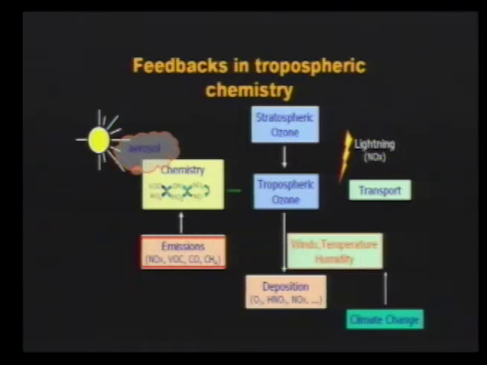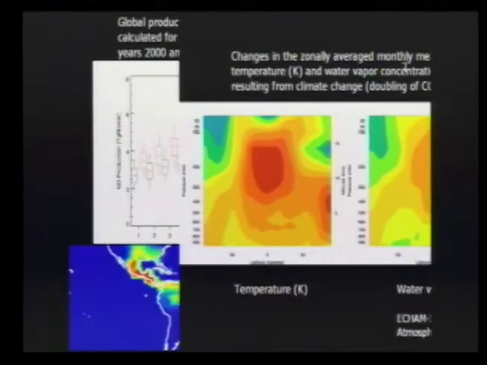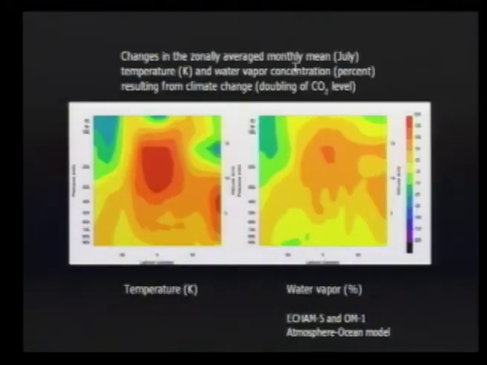But if you now introduce climate change, you will affect a number of those parameters: the emissions, the chemistry, the transport, the deposition, and so on. And this is, for example, according to our model here, which is some work I did with Martin Schulz in Germany.